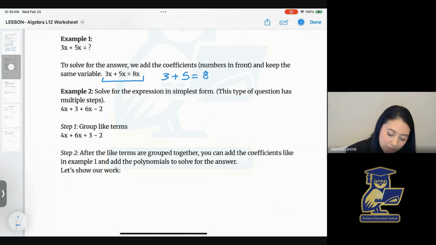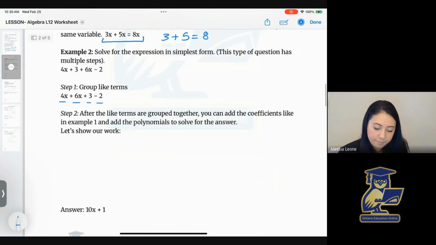We will switch this expression around and organize it. We're going to put the x's on this side and then the numbers that don't have an x on this side. We grouped all the like terms together. After the like terms are grouped together, you can add the coefficients, just like in example 1, and add the polynomials to solve for the answer.